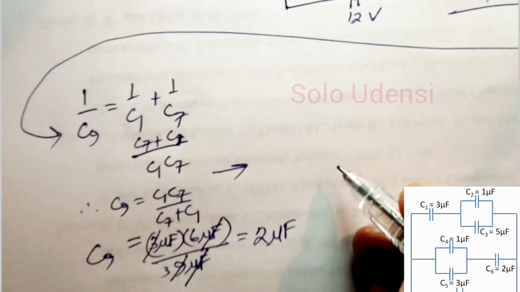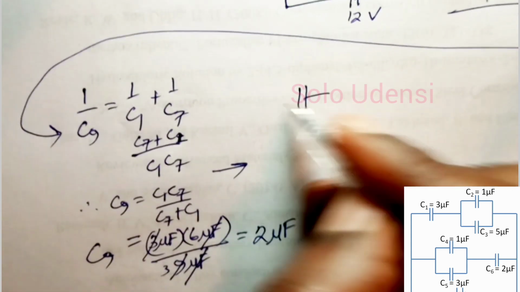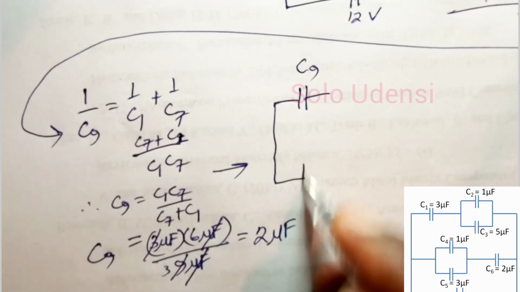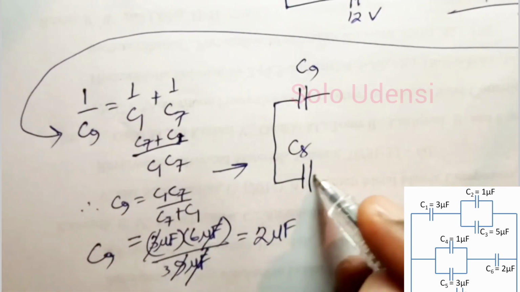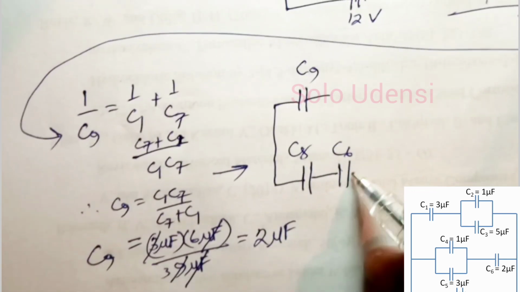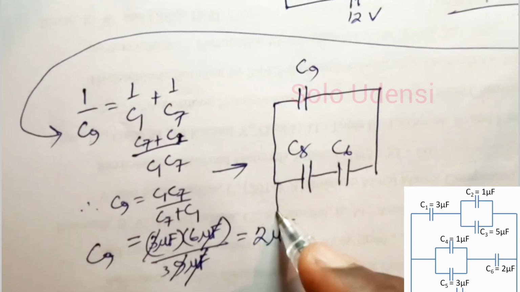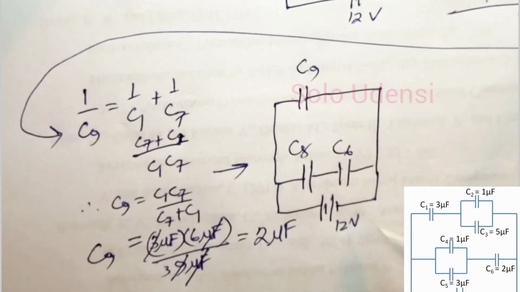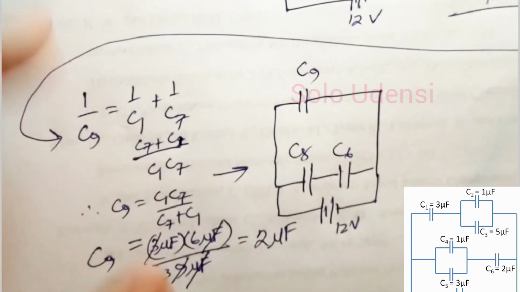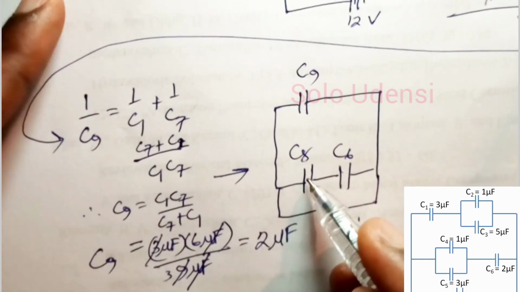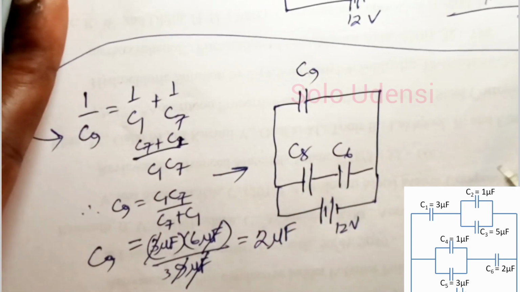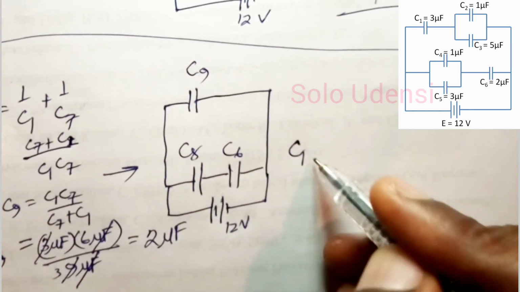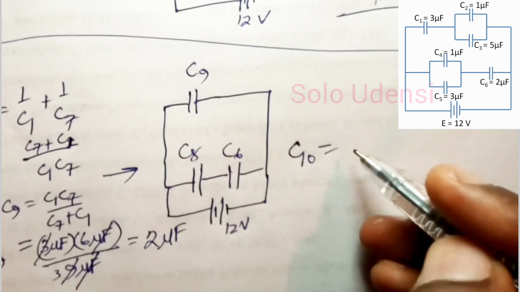Therefore our equivalent circuit will become C9, C8, C6, then the battery, which is 12 volts. So we do the same thing to the series connection of C8 and C6, and that will give us C10.